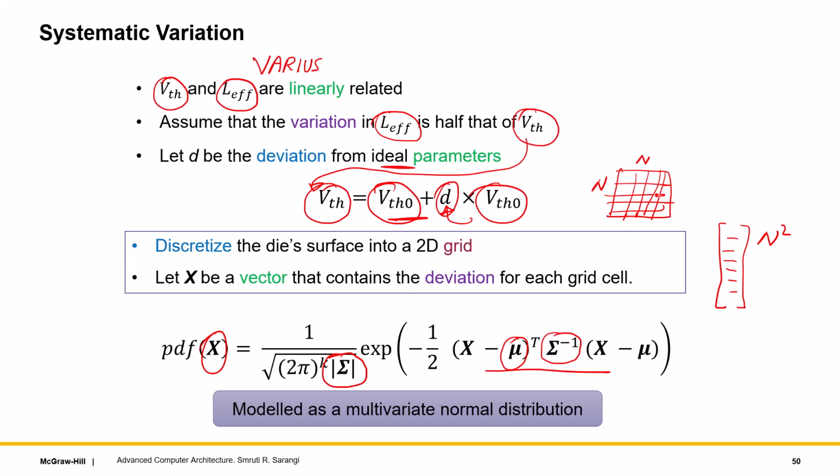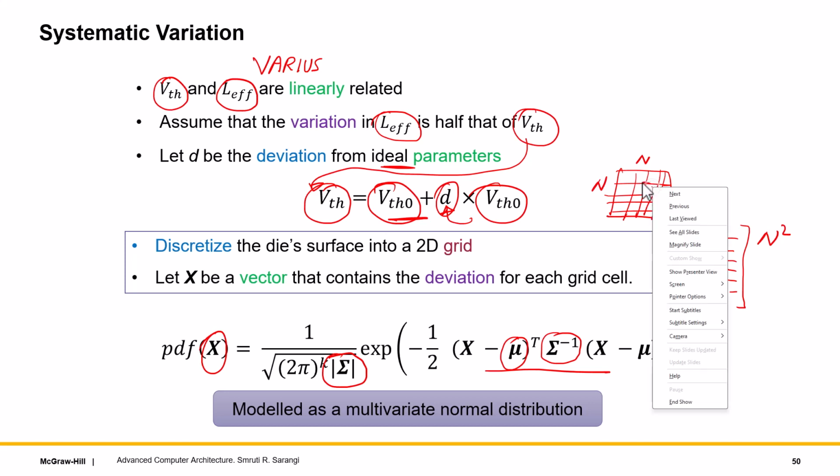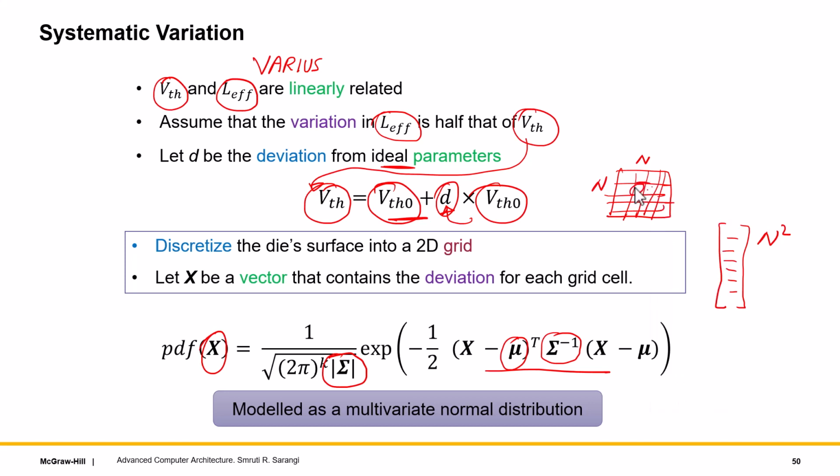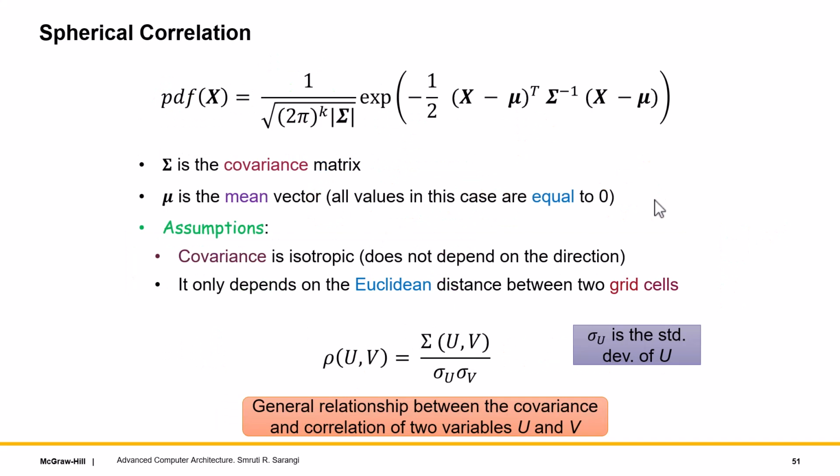And furthermore, there is some spatial correlation, which we will discuss in a second. The spatial correlation says that if there is a deviation in one grid cell, it is related to the deviations in the adjoining grid cells. Let me discuss the terms again. Mu is the mean vector, sigma is the covariance matrix. Of course, I'm assuming a little bit of statistical background here.